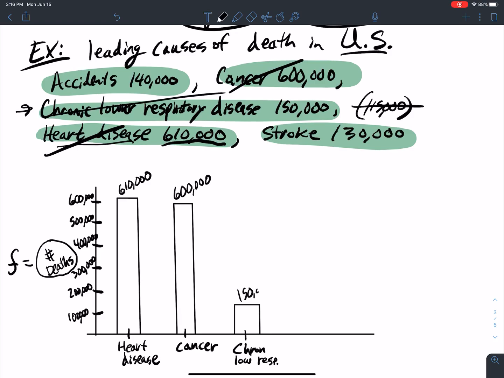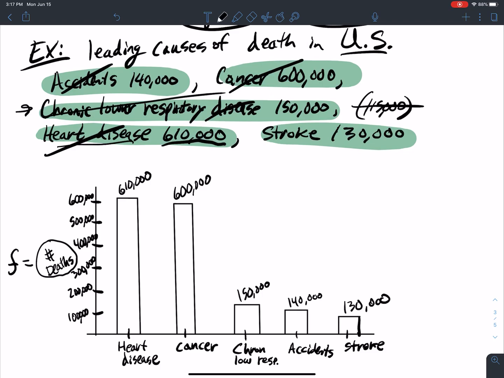And then the next one is accidents at 140,000, not a whole lot lower, but still a little bit lower. And then the last one is stroke, at 130,000.